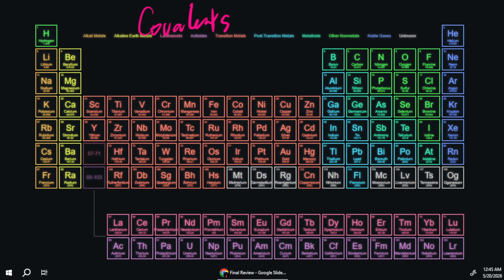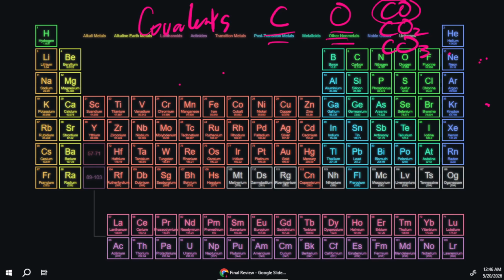Remember this right here. Carbon and oxygen can both bond together, but they can actually create quite a few combinations. So it can become CO, carbon monoxide, CO2, carbon dioxide, or CO3, carbonate.